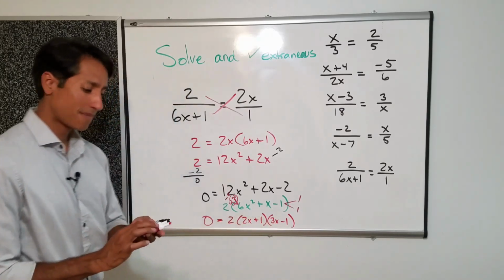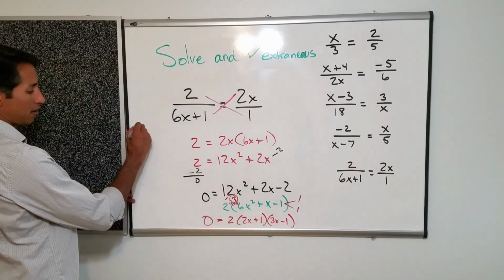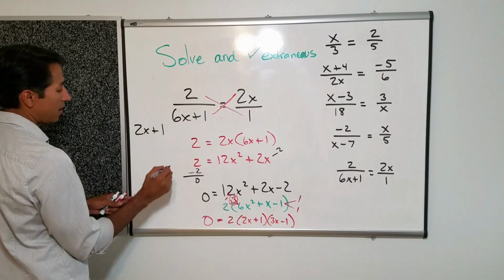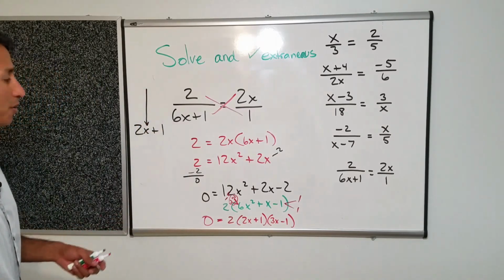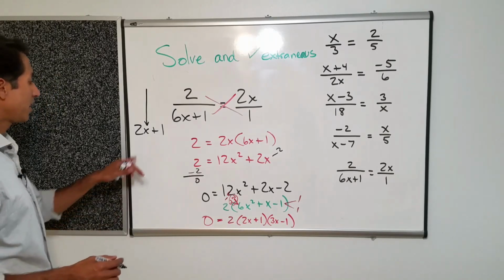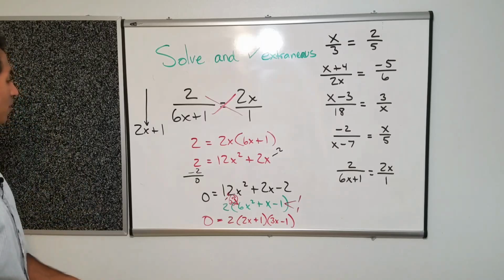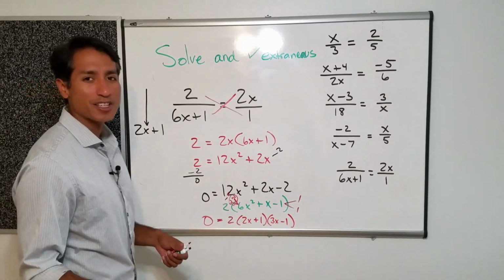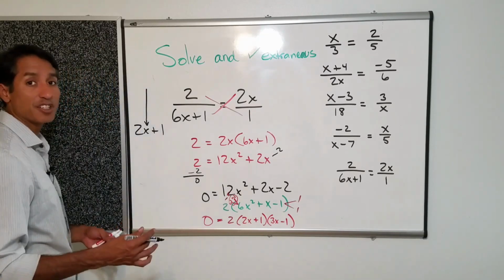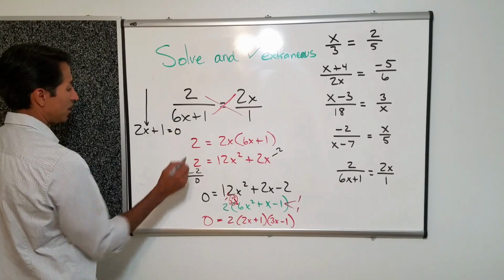Right? Okay. And now I need to figure out this one. I have 2x plus 1. What number would go right there? What value? It's always weird to explain this, and the best way I've always thought of it is, you take the number that's in front of it and make it into a fraction with that. Because that's going to turn it into a 1. Now I want this to become a 0.